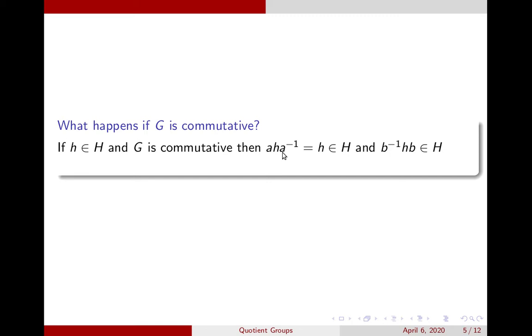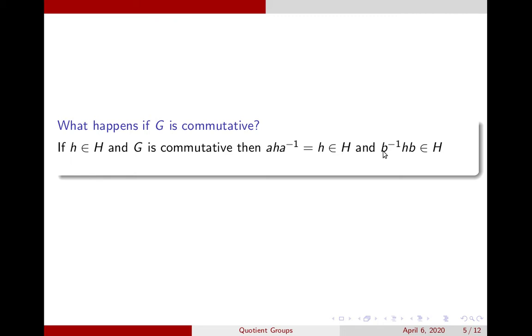Because G is commutative, the positions of the A inverse and the h can be switched. This is equal to A times A inverse times h, which is the identity times h, which is h. Well, the requirement for being normal is that A h A inverse has to be in capital H. And if G is commutative, A h A inverse is little h.